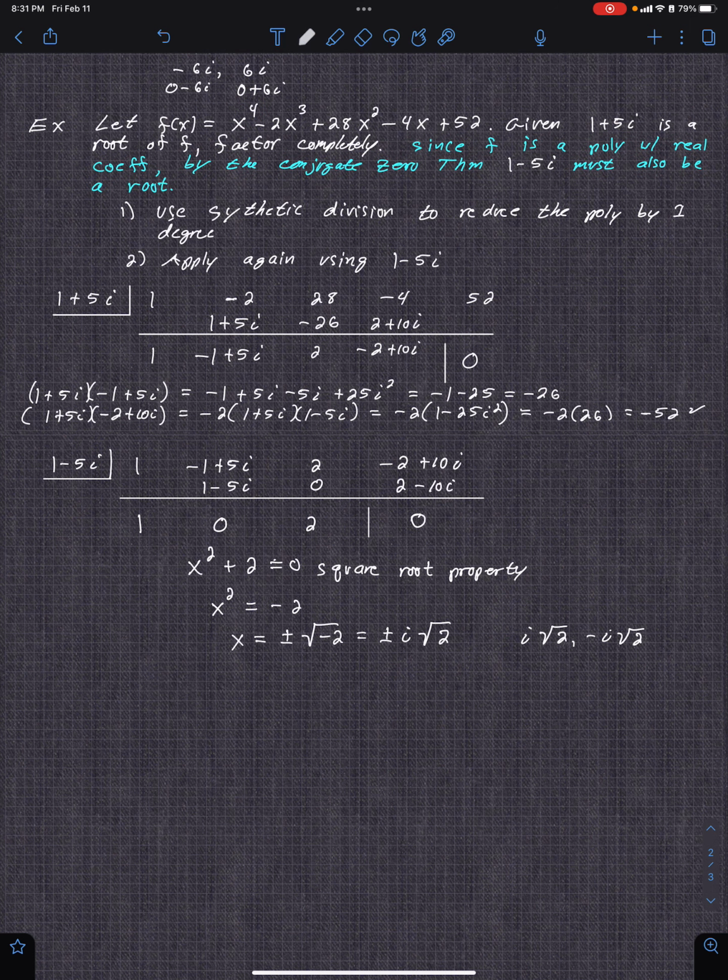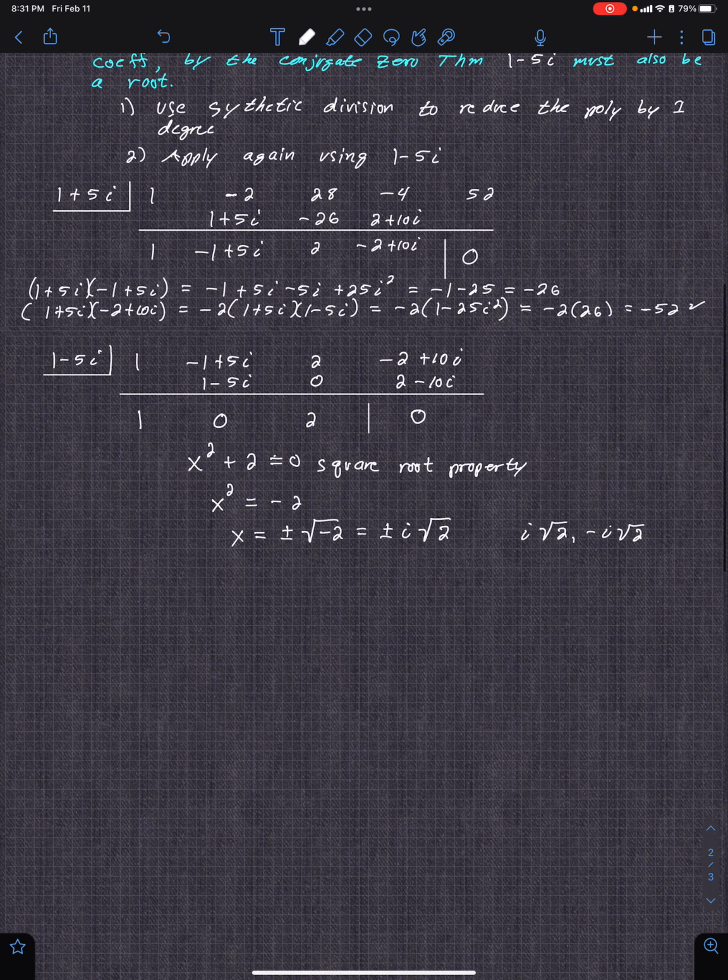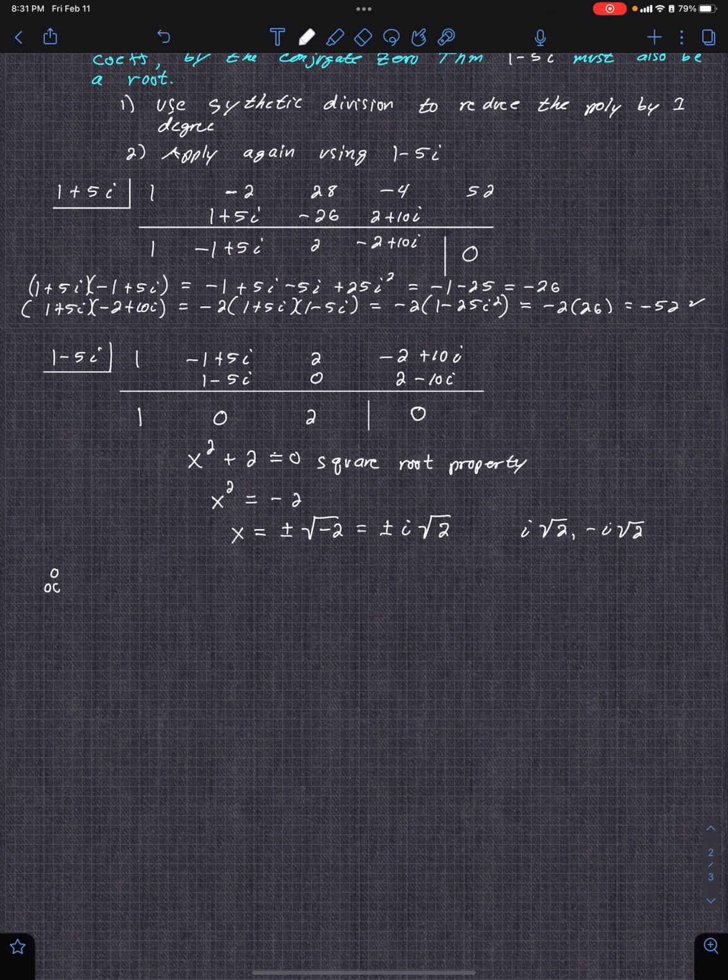So now let's just write this out, factor this completely. I have found the roots, but really we want you to show it in the factored form. So therefore, f of x is equal to, and it's always x minus the root.